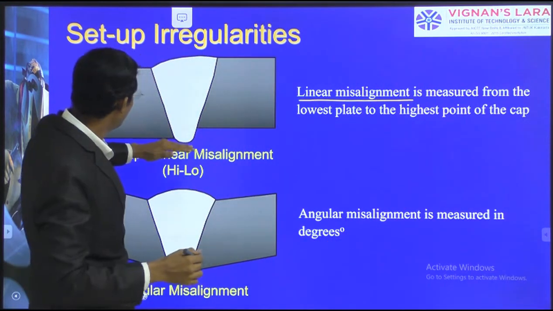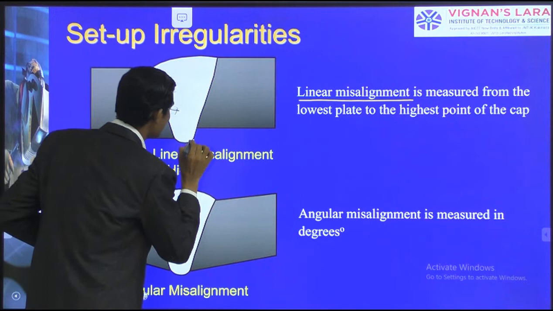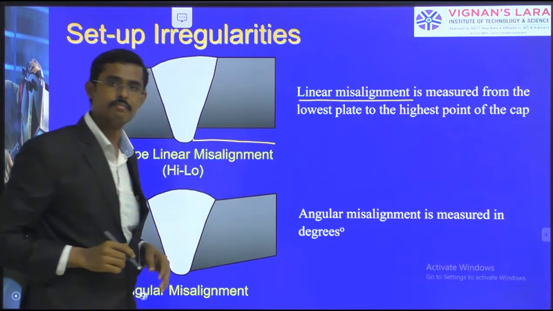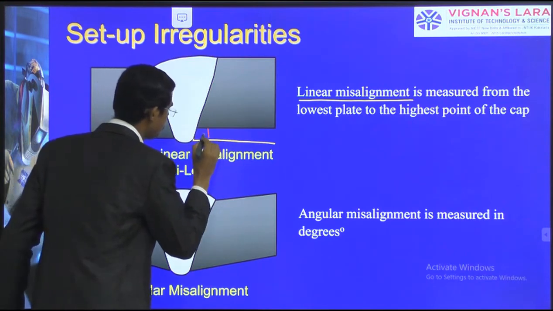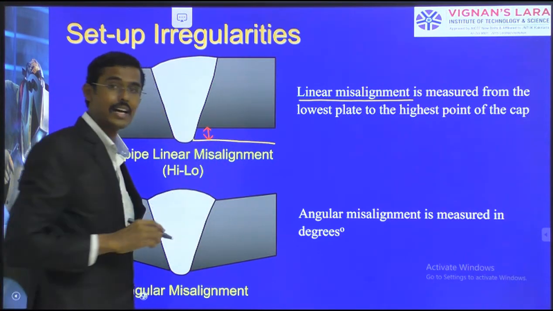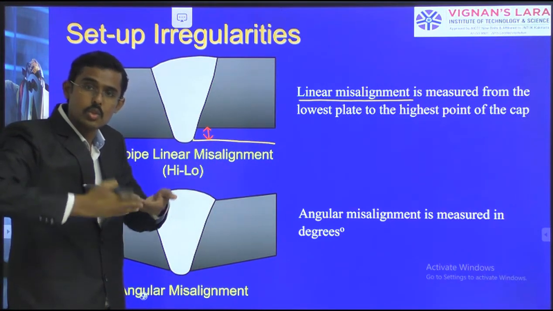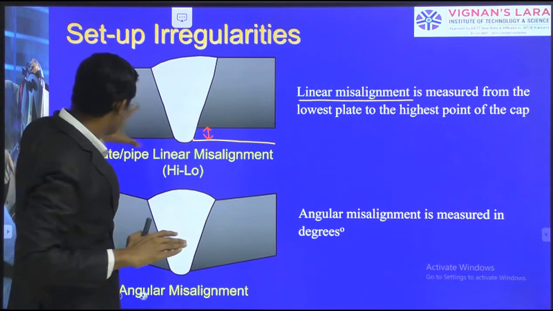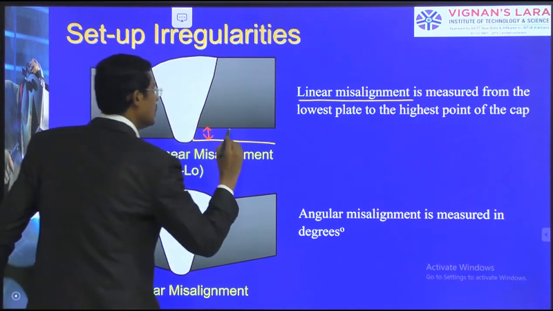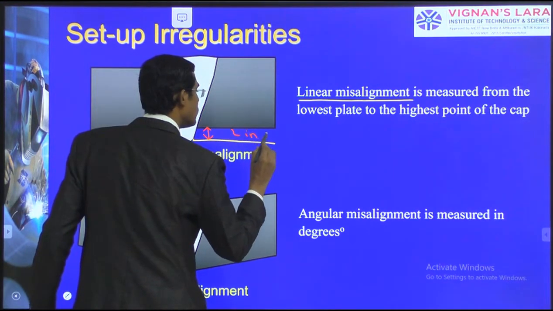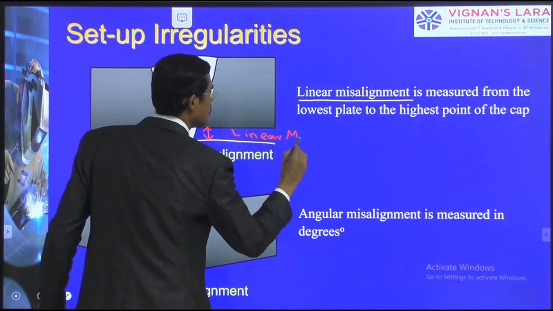You see here, this is to be made straight. But what happened? The misalignment happened here. Actually, two butt pieces are to be kept parallel at equal height. But here there is a gap of linear misalignment.